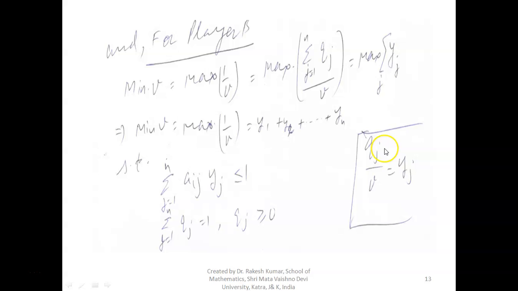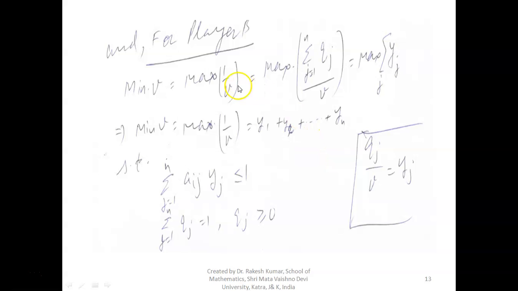And let us suppose that Qj upon V is equal to Yj, so it is maximize summation over j of Yj, or simply maximize 1 upon V is Y1 plus Y2 plus up to Yn, such that these are the constraints. So just dividing both sides by V in the previous LPP, that will become aij Qj upon V, and that is Yj here, and V upon V is 1, and Yj greater than or equal to 0.